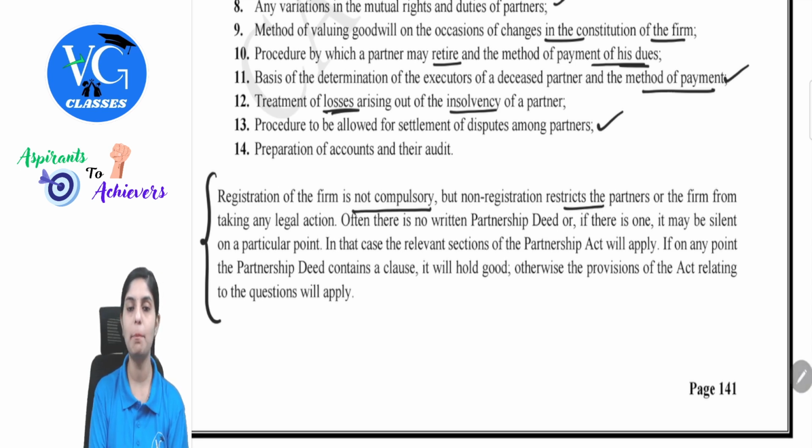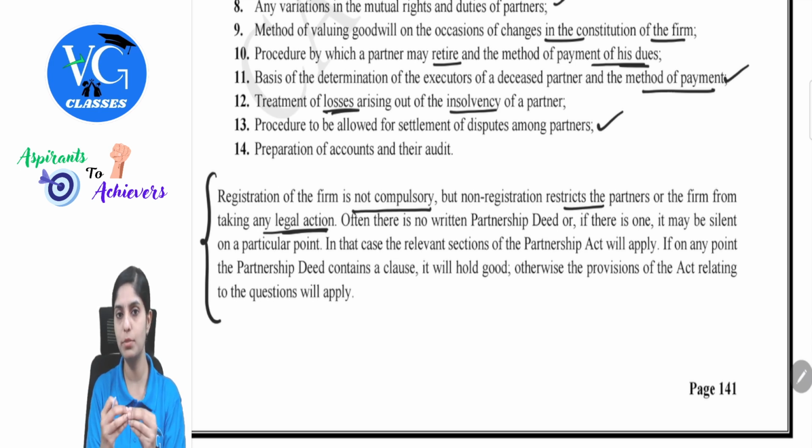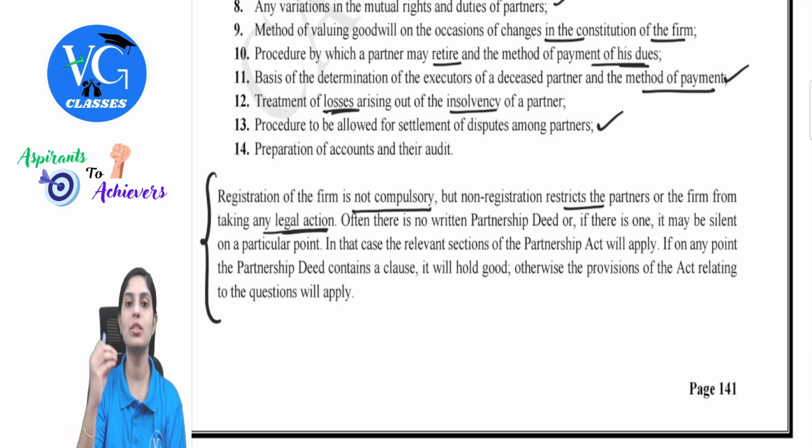Non-registration restricts the partners or the firm from taking any legal action, because from the point of view of legal status, it does not hold valid if you do not have that registration to present in front of the legal system, that is court or any adjudication authority.